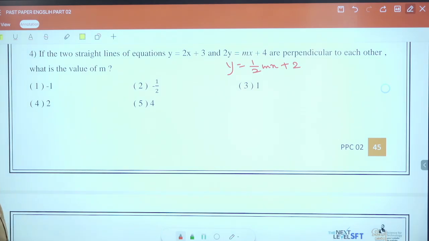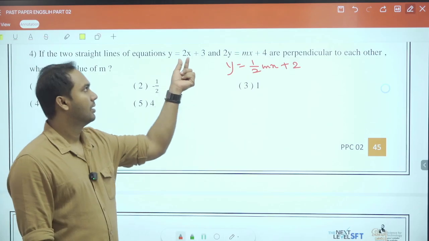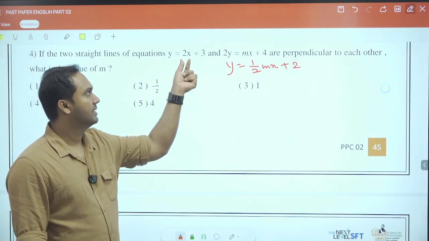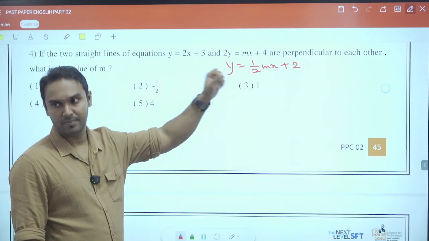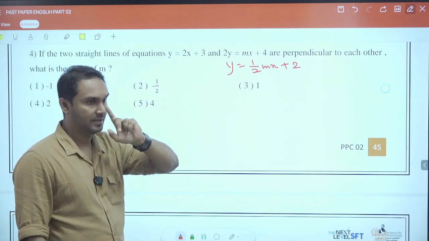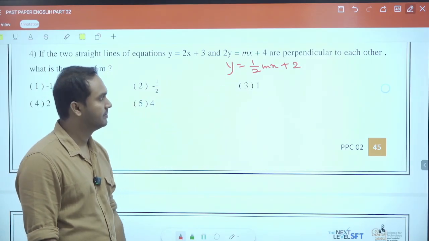Now they are told that these two are perpendicular to each other. So that means what? The minus reciprocal of this should be equal to m of the other equation.